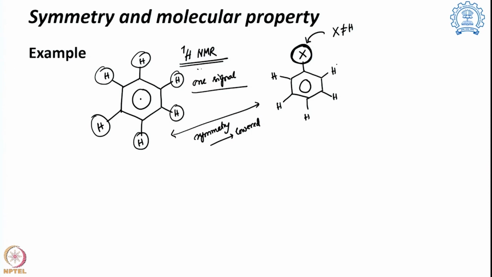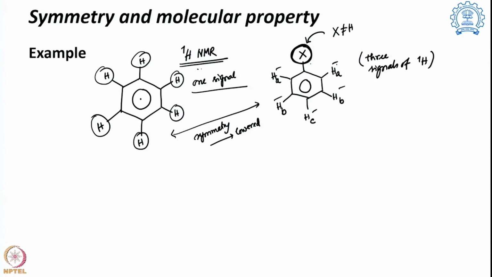Now, as we learned, these two protons, say HA, will be very similar, these two protons will be similar, and this proton will be different. So, these are nothing but the ortho protons, meta protons and para proton. So, altogether I am expecting 3 different signals of proton in proton NMR, and that is because the symmetry is now going down.